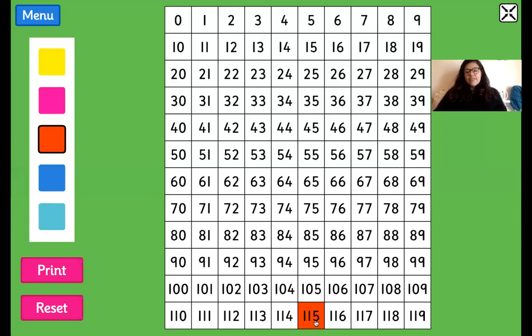So instead of just saying 15, you'd say 115. And this number, you know that 1 and 9, that's 19. Now with a 1 in front of it, that makes it 119.